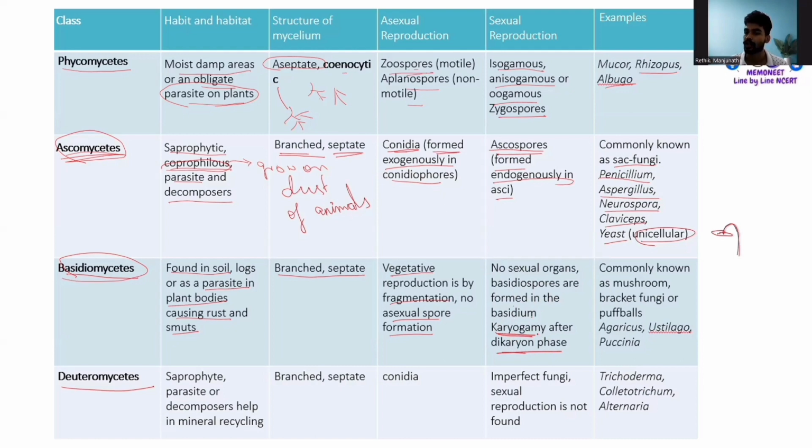Karyogamy happens after the dikaryon phase. Once the dikaryon phase happens, karyogamy immediately starts. There are no sexual organs present here, and basidiospores are formed in the basidium itself. This karyogamy, which I have explained to you, means that normally the protoplasm will be there, right? And each individual has its own nucleus, so fusion of nuclei happens after the dikaryon phase. Common examples are mushroom, bracket fungi, puffballs, Agaricus, and Puccinia.